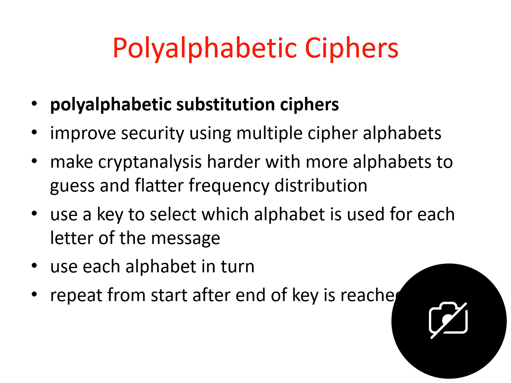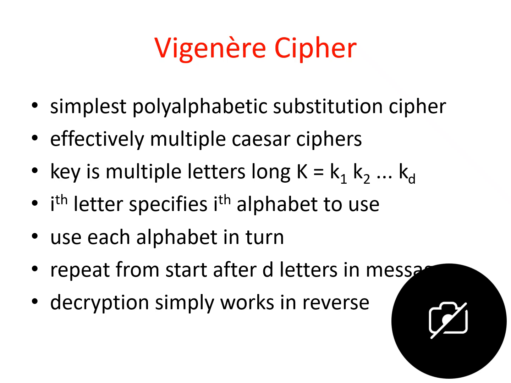In a polyalphabetic cipher, we can substitute the letters using one or more alphabets. The Vigenere cipher comes under this and is the simplest polyalphabetic substitution cipher. Here the key is multiple letters long.